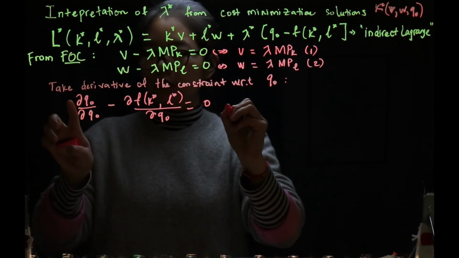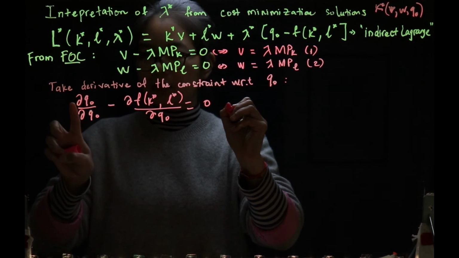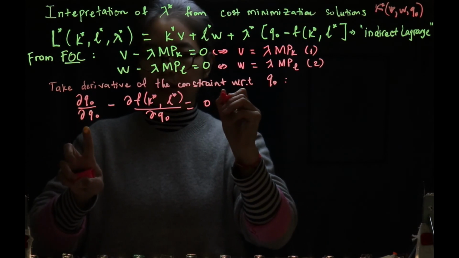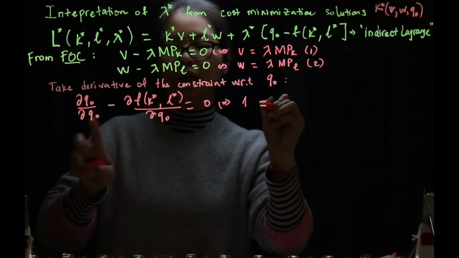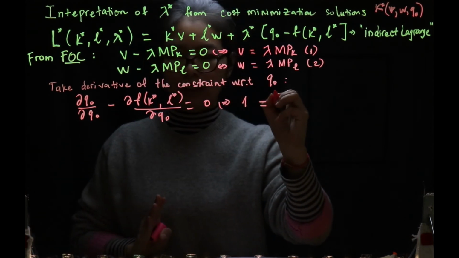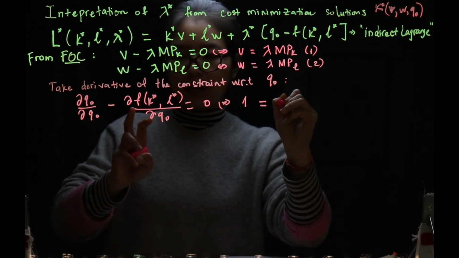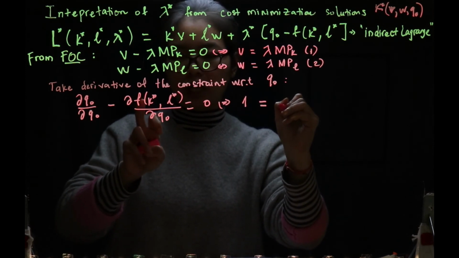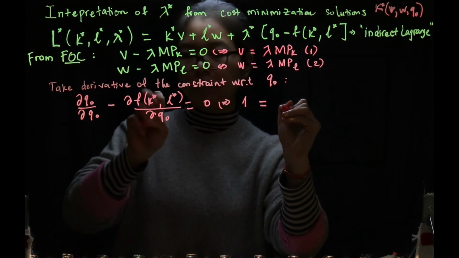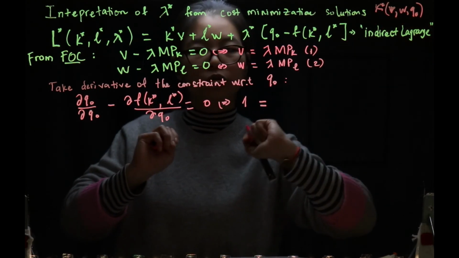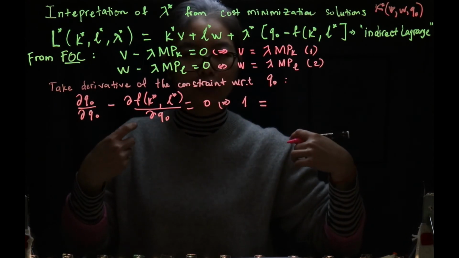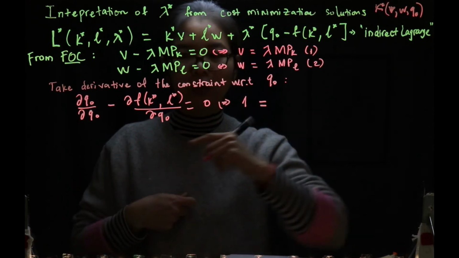The derivative of Q0 with respect to itself is 1, and I can already put the other term on the right hand side. And think about it, how do we do that? Because f is a function of K and L, but K star and L star are now functions of Q0 also. So that is the chain rule of two variables.